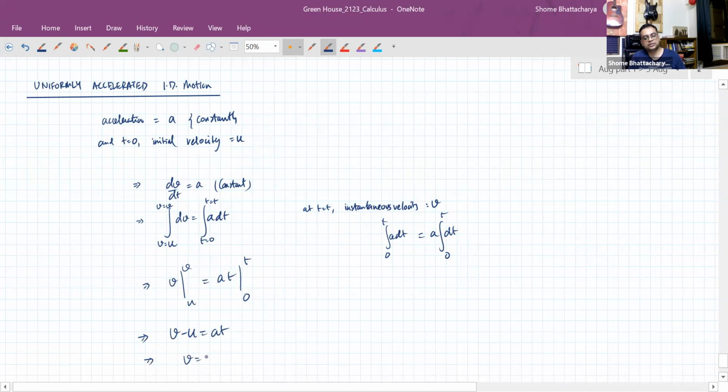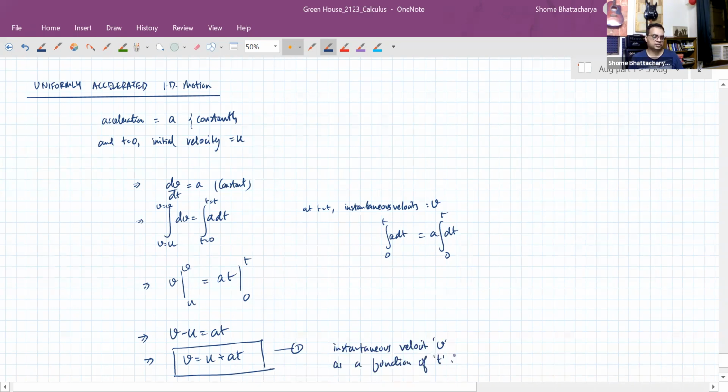This is how we prove the first equation of uniformly accelerated motion using integral calculus, that when acceleration is constant, then velocity varies with time like this. So this is instantaneous velocity as a function of time. That's the first of the three equations.